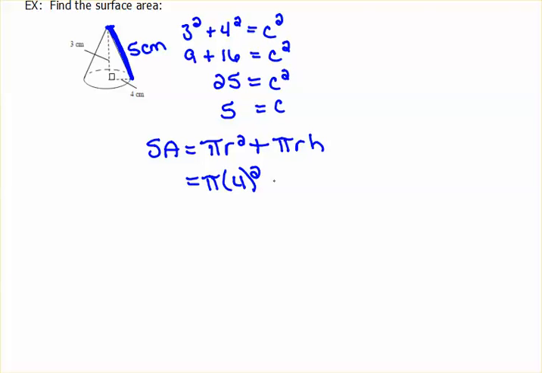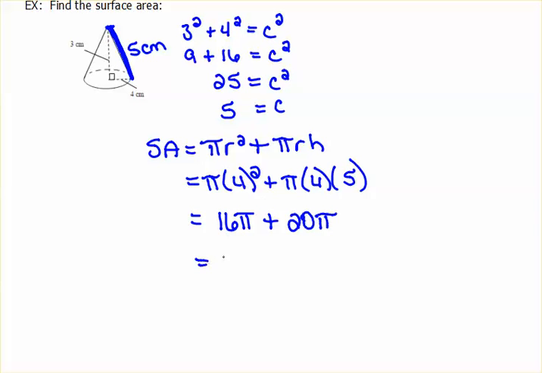So we're going to plug that in to the r, plus pi times, in place of r we're using 4, and in place of h we're using that lateral height of the cone there, which would be 5. So we would have 16 pi plus 4 times 5 would be 20 pi, for a total of 36 pi square centimeters.